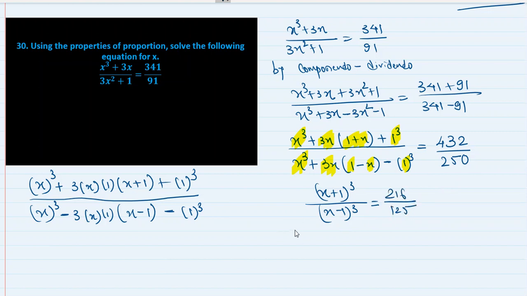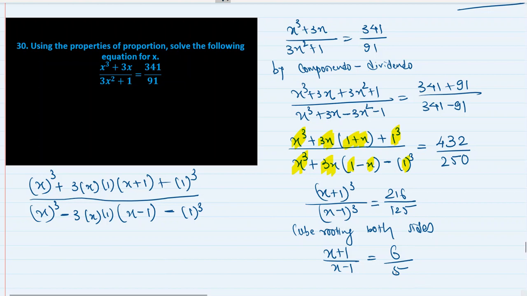Now you know what I'm going to do? Cube rooting both sides. What will it give you? You will get x plus 1 upon x minus 1. Directly taking the cube root, the cube will go away. What is the cube root of 216? 6. And what is the cube root of 125? It is 5.